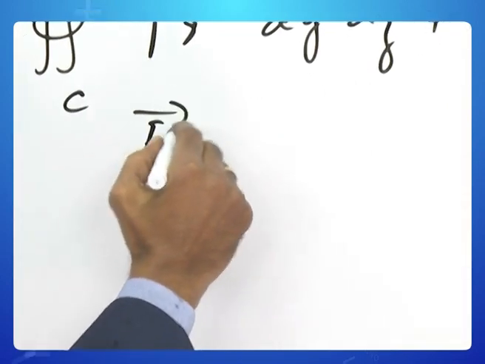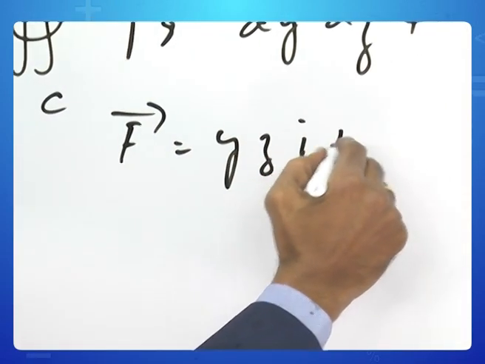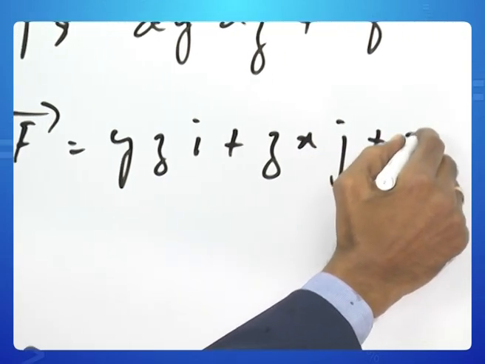So from here the field can be extracted: yz i plus zx j plus xy k.